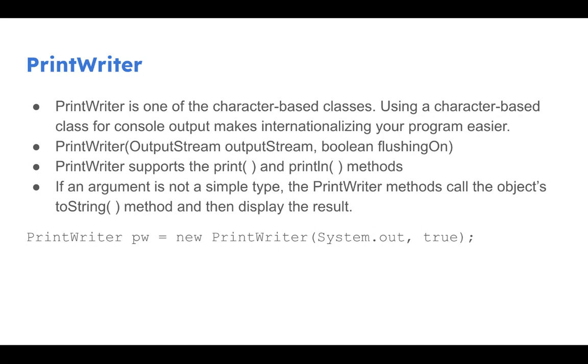Even if the object that we are passing is not of a simple type, the toString method is called by default. So we create an object of PrintWriter, and in that we pass an object of OutputStream.